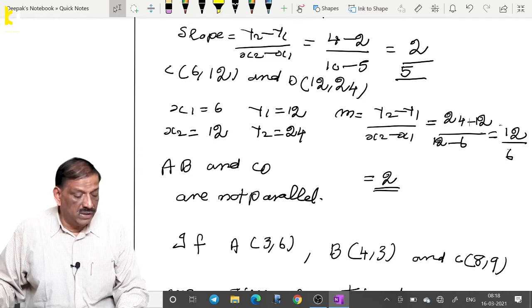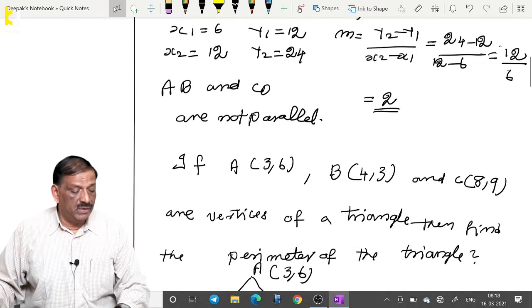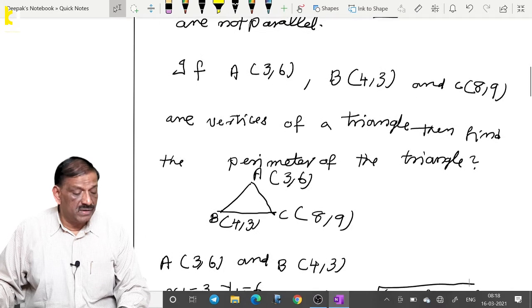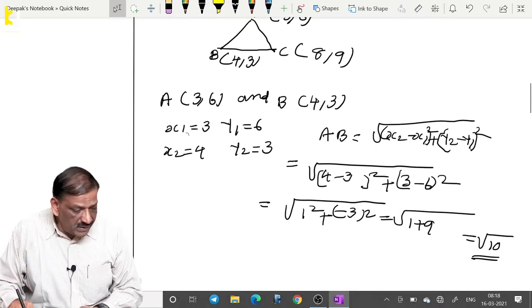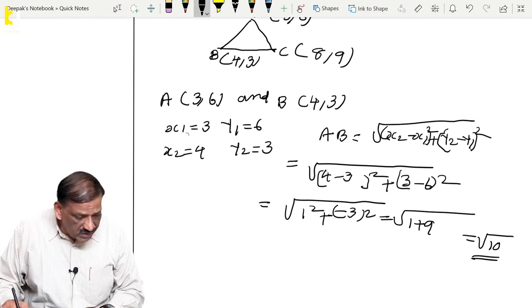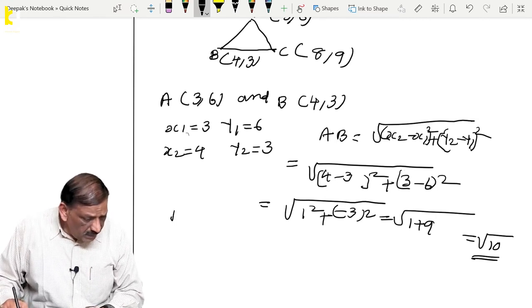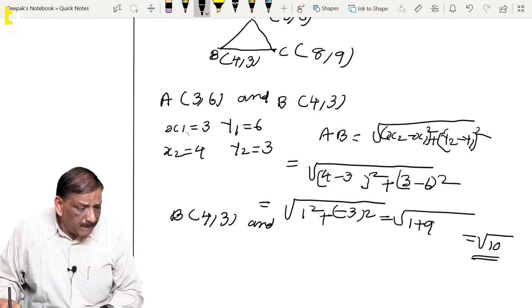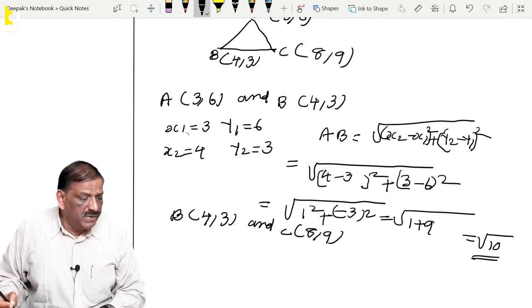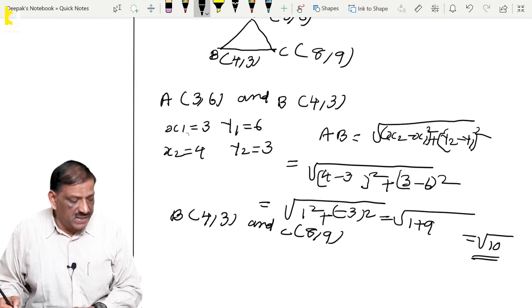We get root 10. Then we can find out the value of BC. Similarly, B is (4, 3) and C is (8, 9).